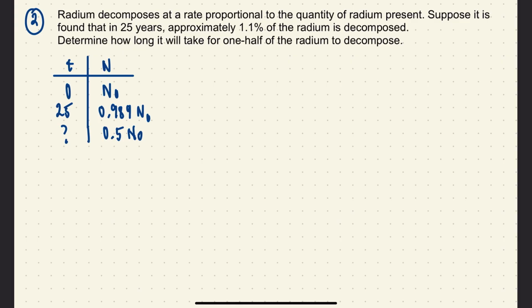So since it's decomposition or decay, we have negative dN over dt is equal to kN.